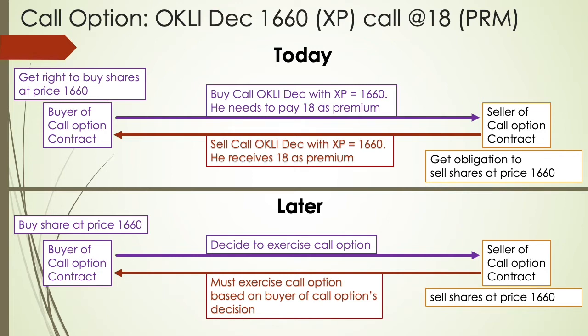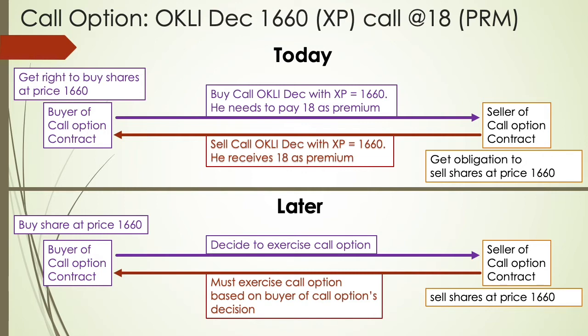The seller of the call option contract, when he sells the contract, gets the obligation to sell the shares at price 1660. So this is the transaction today. The buyer buys the call option, so he pays the premium. The seller sells the call option contract, so he receives the premium. The buyer gets the right to buy shares, the seller gets the obligation to sell shares.